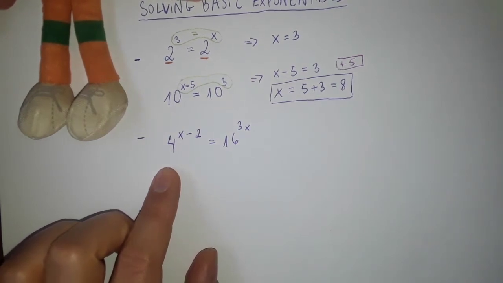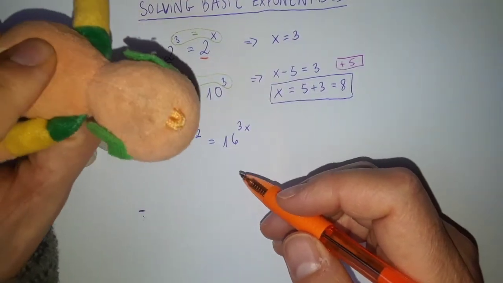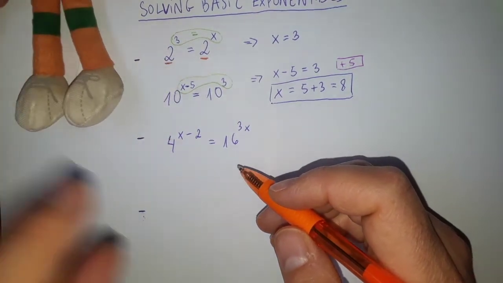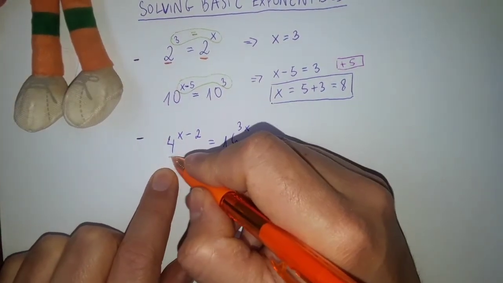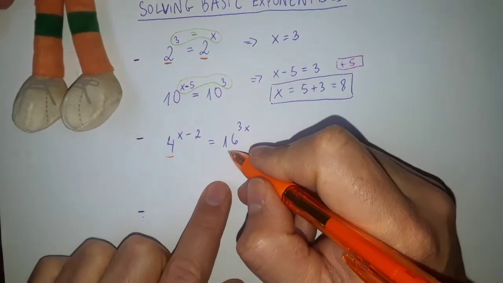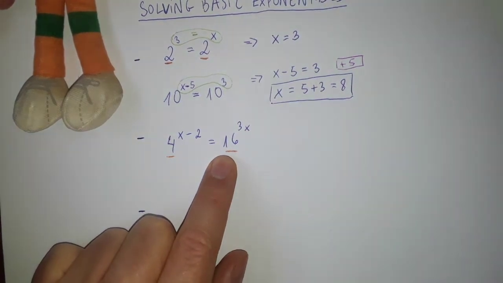Is the base the same on both sides, Mick? No, it's not, right? On this side we have 4, and on the other one we have 16. Yes, but can we express 16 as a base of 4?